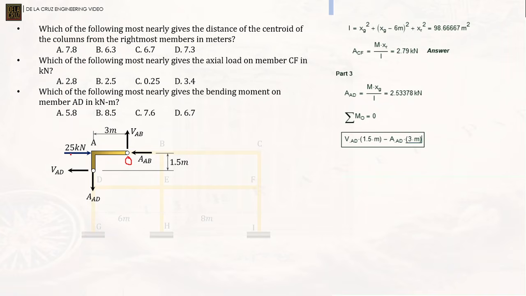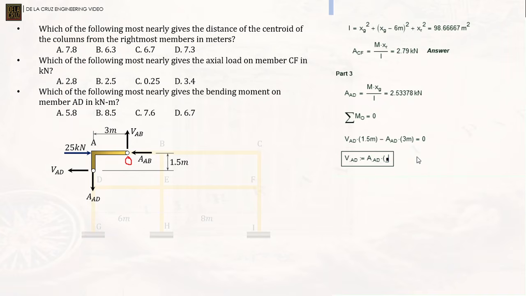Okay, now will this force 25 kilonewtons make rotation about point O? No, walang mangyayaring rotation dyan because that is directly to this point. Of course, these two values cannot create moment about that one. Meaning, ito lang yung solution natin dyan. Okay? So, we already calculated the force in member AD. That would be AD.